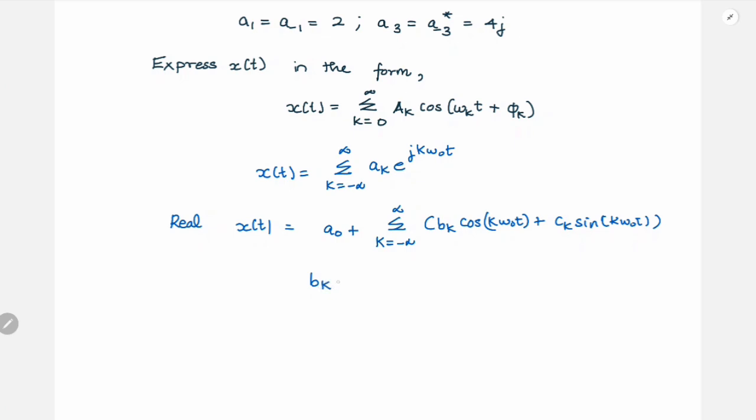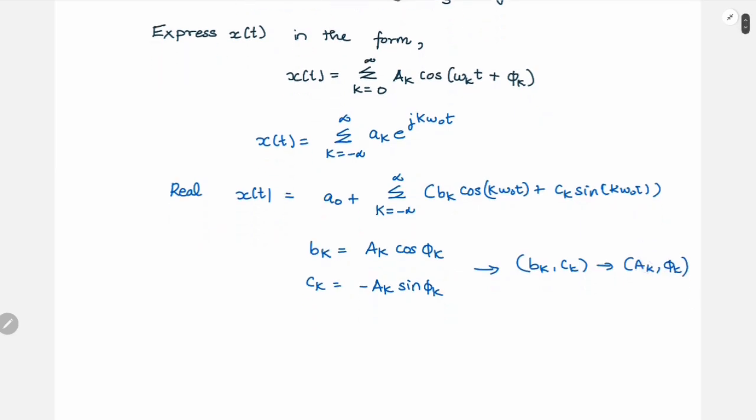So if we assume bk is ak cos phi k and ck is minus ak sin phi k, this is nothing but a mapping from bk, ck to ak, phi k. And how is this mapping defined?